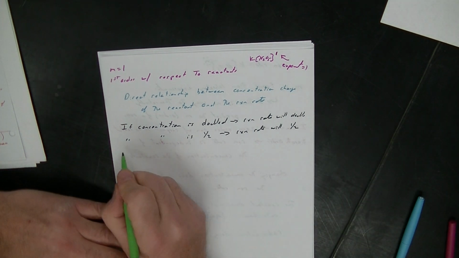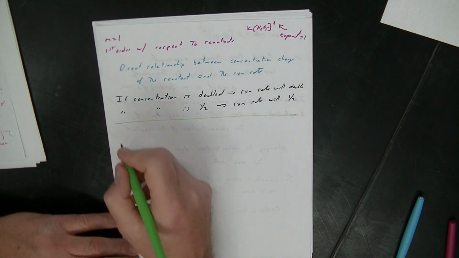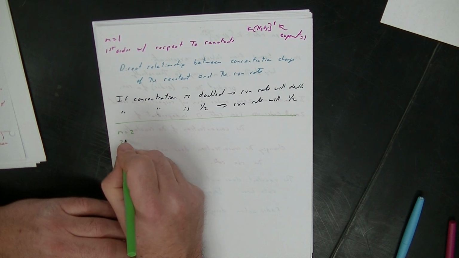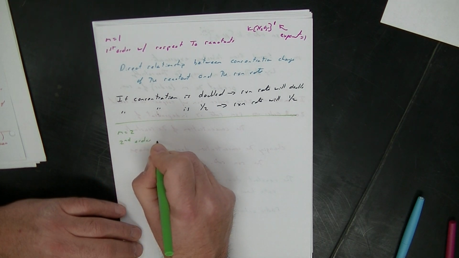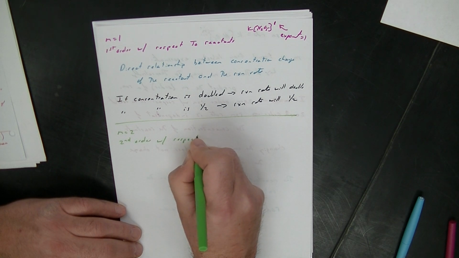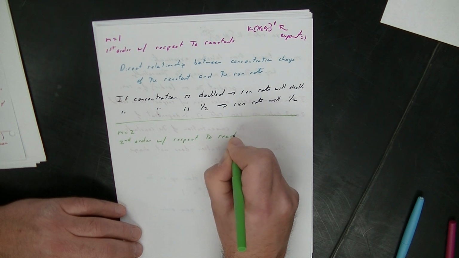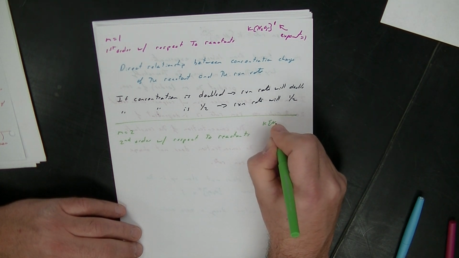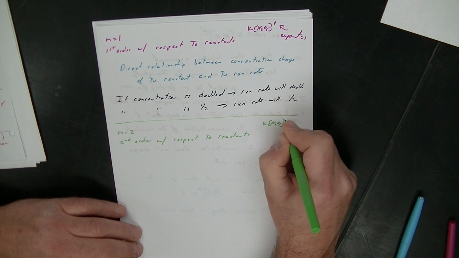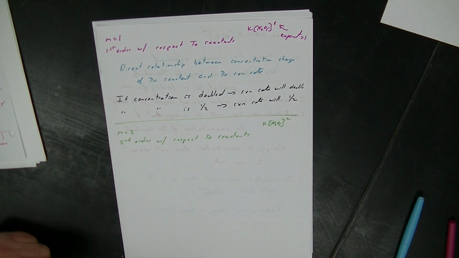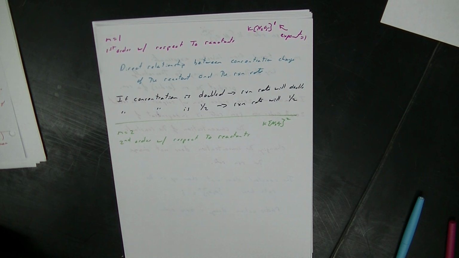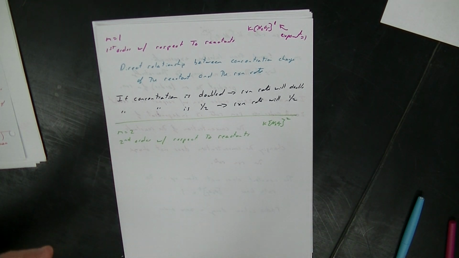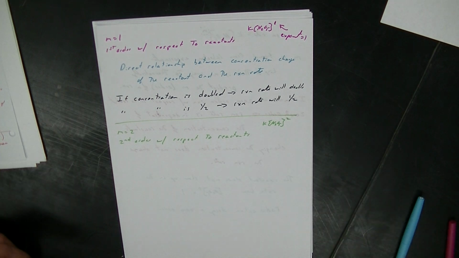All right. Well, what if we have m equal to 2, or second order with respect to reactants? Our exponent would be 2. If it's second order, remember this is a relationship between concentration and our reaction rate.